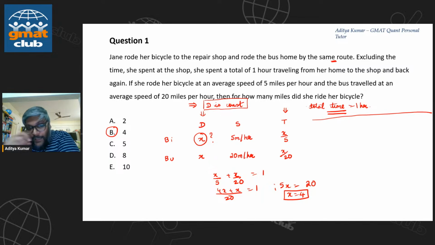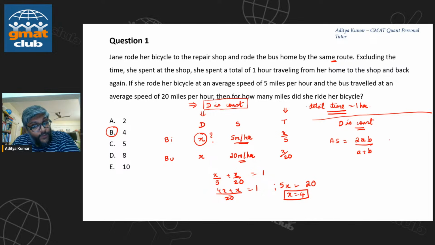So here I do have the opportunity of making use of average speed. Why? Because I have the distance to be constant, and they have given me the upward journey speed and downward journey speed respectively. So I can find out the average speed here, which will be 2ab divided by a plus b.